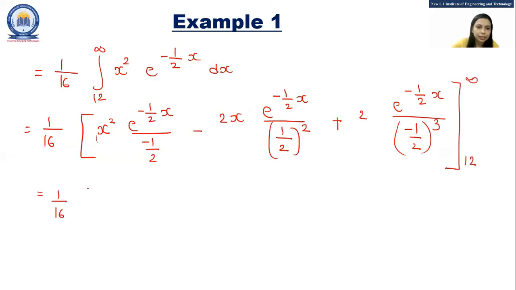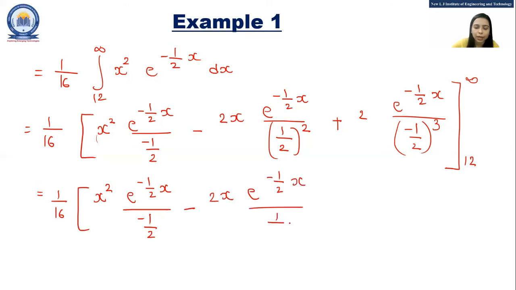So 1 by 16 times x square e raised to minus 1 by 2 x upon minus 1 by 2, minus 2x e raised to minus 1 by 2 x upon 1 by 4, plus 2 e raised to minus 1 by 2 x upon minus 1 by 8. Upper limit infinity, lower limit is 12. Now e raised to minus infinity is nothing but 0.